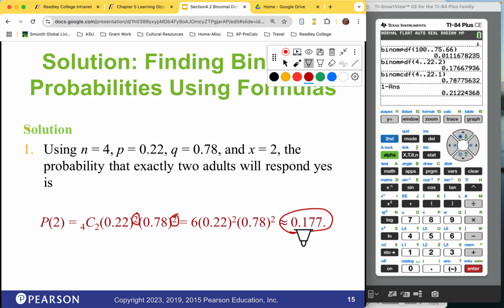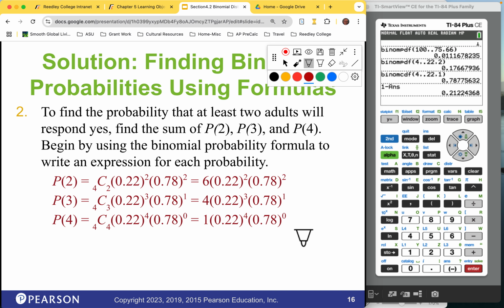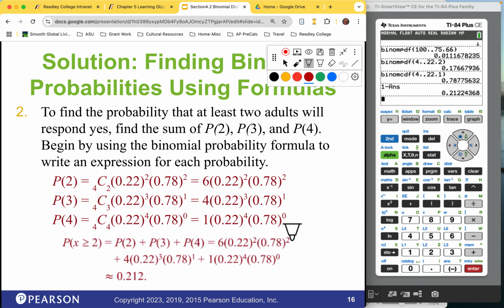But watch this with the at least 2, how they calculated it. They got 2, 3 using the formula, and then they had to calculate that and add them all together. But look what they got, 0.212. Same thing we got using the cumulative, but taking 1 minus, getting the complement.